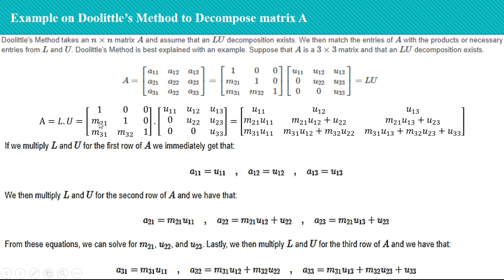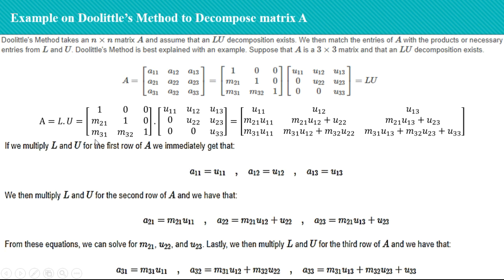Now, by multiplying the second row of the lower triangular matrix with the first column, the second column, and the third column, we get the second row of this resultant matrix. And by comparing these values with this, we get a21 is equal to m21 u11, a22 is equal to m21 u12 plus u22, and a23 is equal to m21 u13 plus u23.